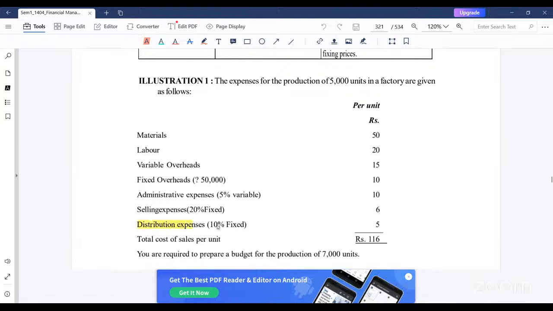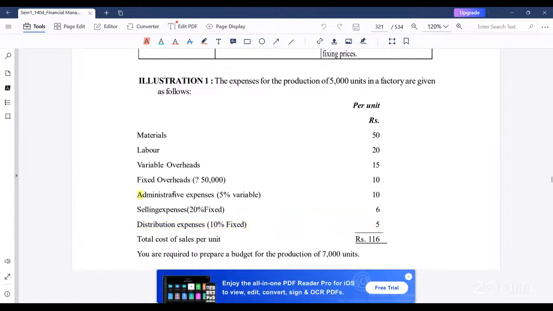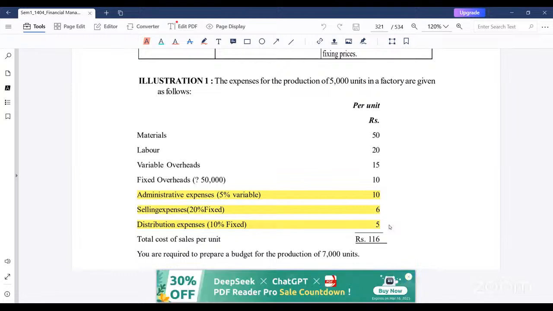Similarly, distribution expenses: in this 5 rupees, 10% is fixed and the remaining 90% is variable. So these three are semi-variable expenses. To some extent they are fixed, to the other extent they are variable and changing.